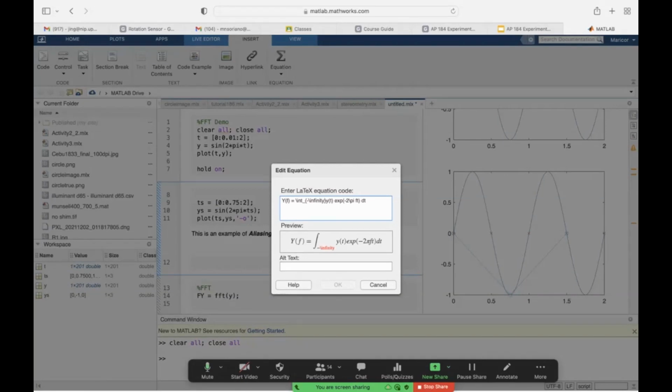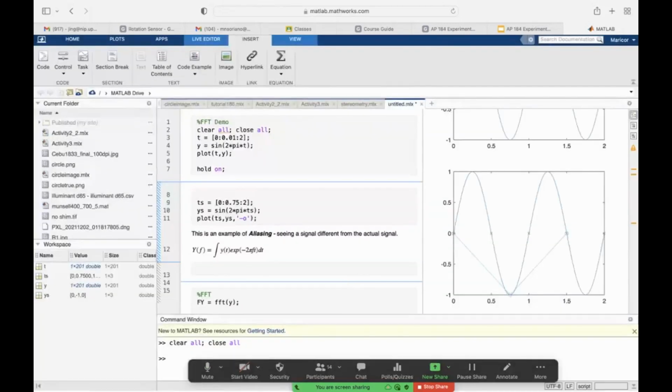In LaTeX, you just integrate from negative infinity to infinity. Okay? So this is the Fourier transform. It will be a function of frequency once you apply this equation.